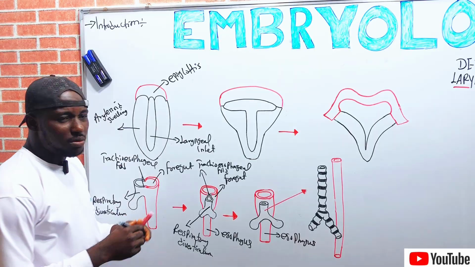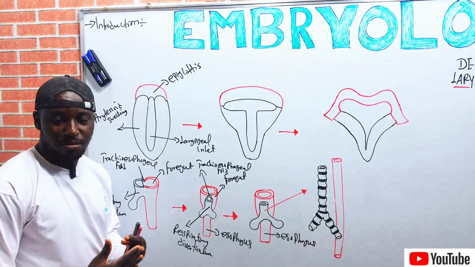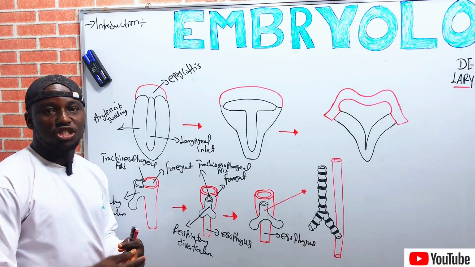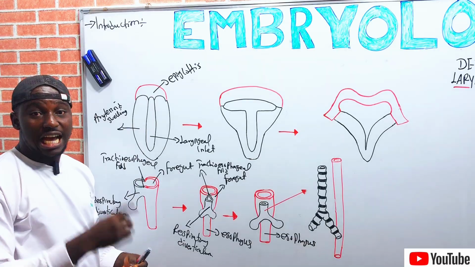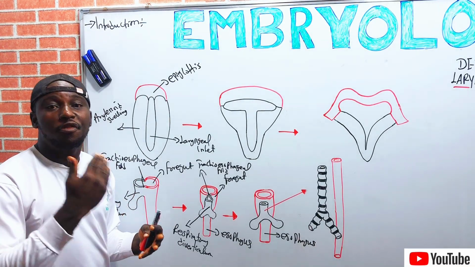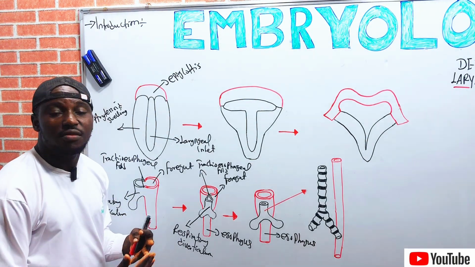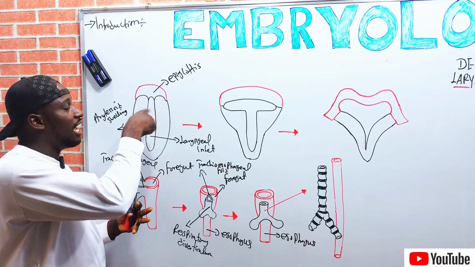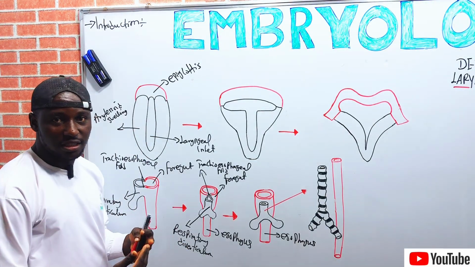Arytenoid swelling. You have to understand that the mesenchyme of the fourth and sixth pharyngeal arch surrounds the laryngeal orifice, thereby proliferating.